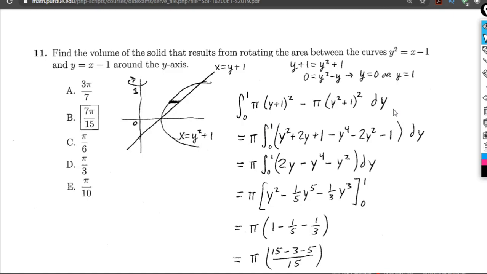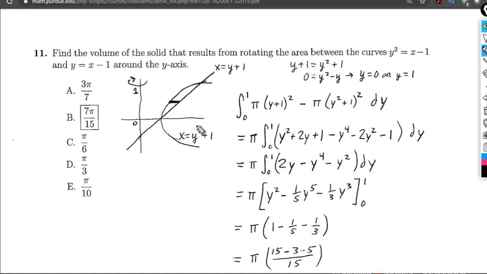I usually just stick with dx whenever it doesn't specify the method to use, so that's why I use cylindrical shells when it's rotating about the y-axis. But let's just explain the solution.